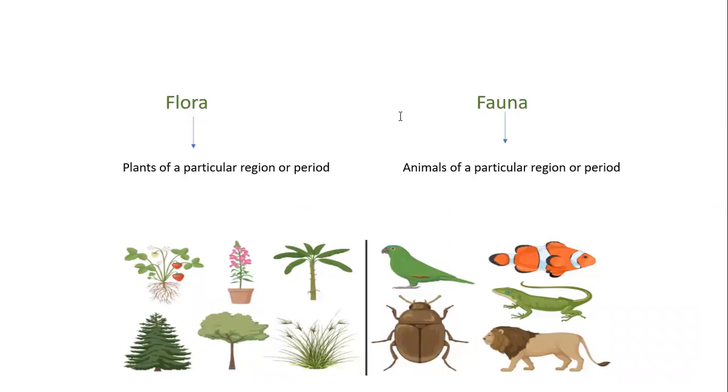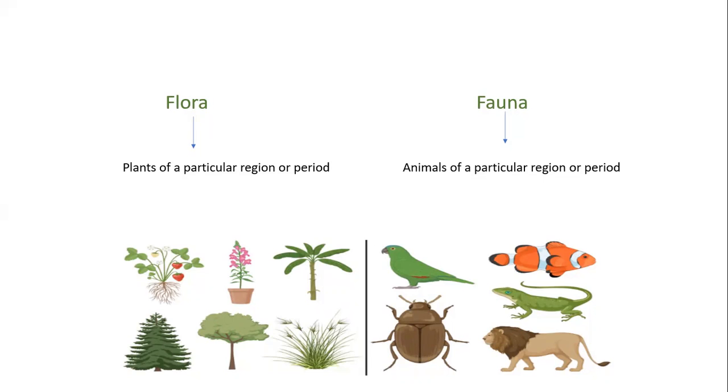The term flora is used to denote plants of a particular region or period. Similarly, the species of animals are referred to as fauna.